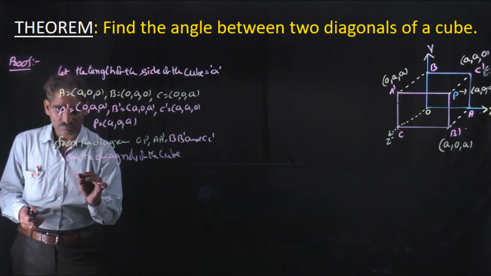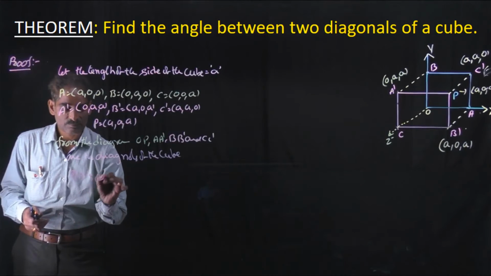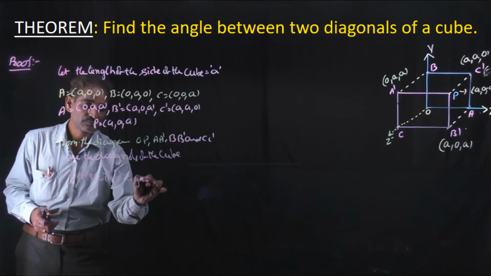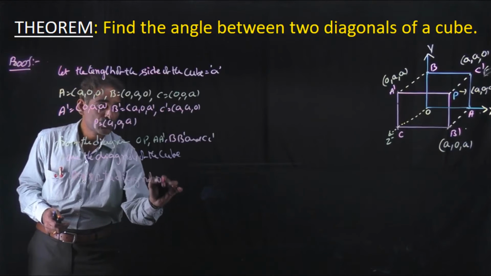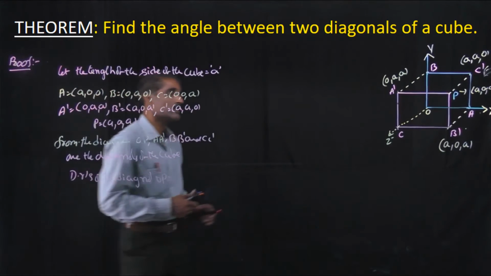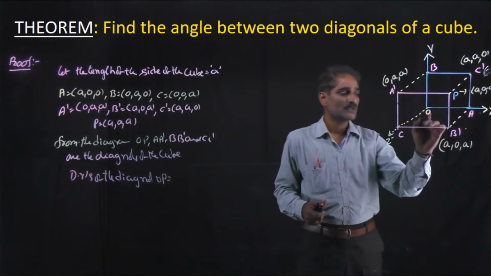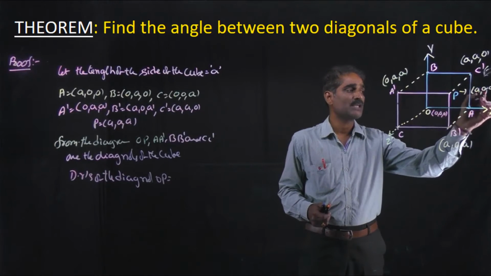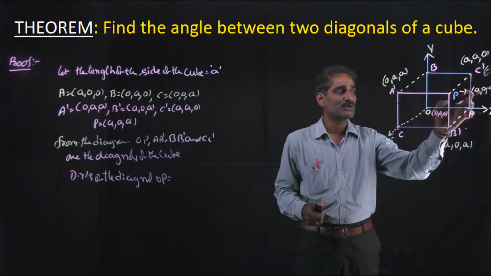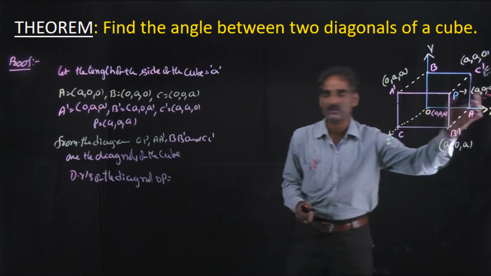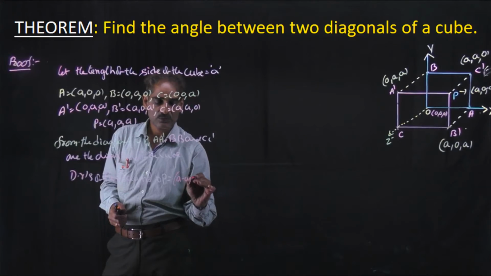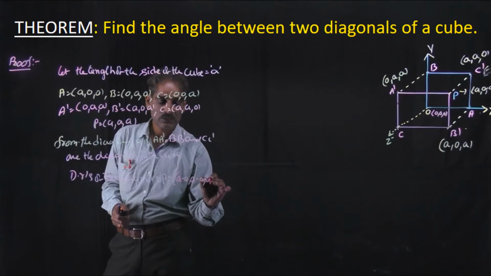DRs of the diagonal OP. The coordinates of O are 0, 0, 0. The coordinates of P are a, a, a. The DRs of OP mean x2 minus x1, y2 minus y1, z2 minus z1. That is equal to a minus 0, a minus 0, a minus 0.